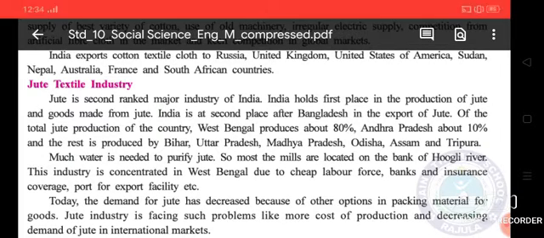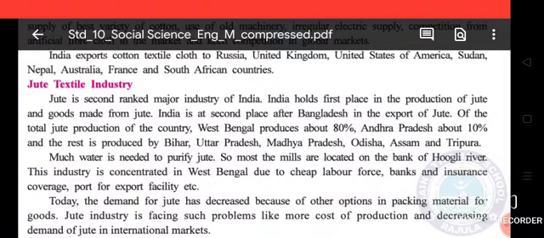Of the total jute production of the country, West Bengal produces about 80%, Andhra Pradesh about 10%, and the rest is produced by Bihar, Uttar Pradesh, Madhya Pradesh, Odisha, Assam and Tripura. So all these places also produce a smaller quantity of jute.